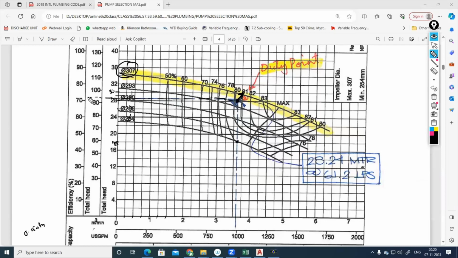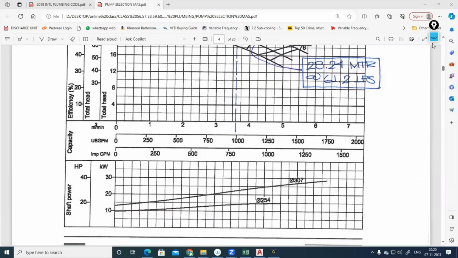And you can plot what efficiency you will get. Efficiency will be between 70 to 80%. If you want to find the pump power for this model, you can drop down. For impeller diameter 307, you can select this curve as a reference. For all the other impellers, you can find this as a reference. So this is our coinciding point.